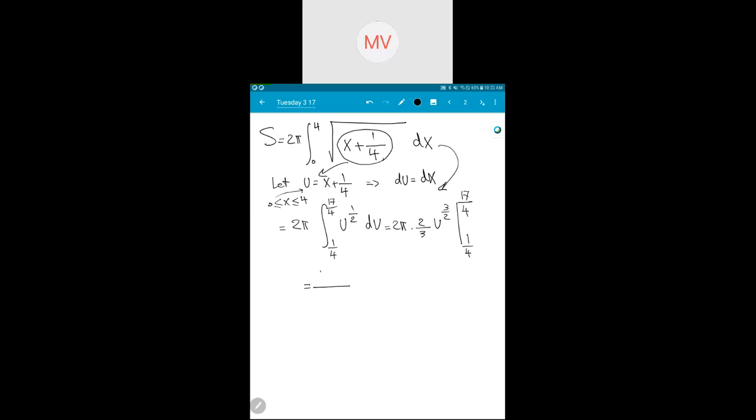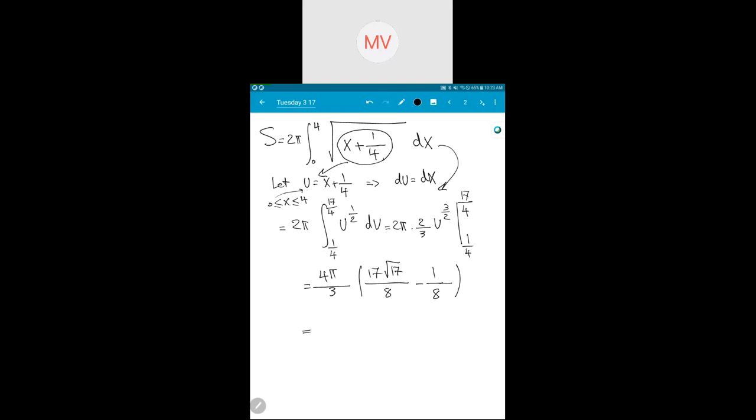Okay. 4/3. Let's raise that to the 3/2. So it's like you raise it to the half, square root. So that becomes 17 root 17 divided by 8 minus 1 over 8.